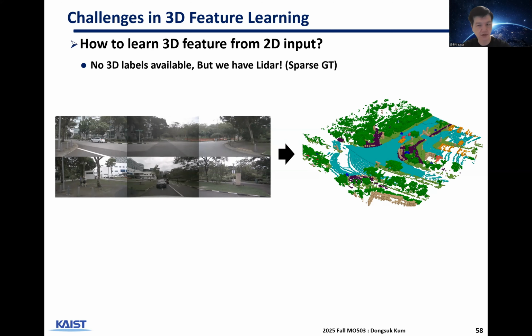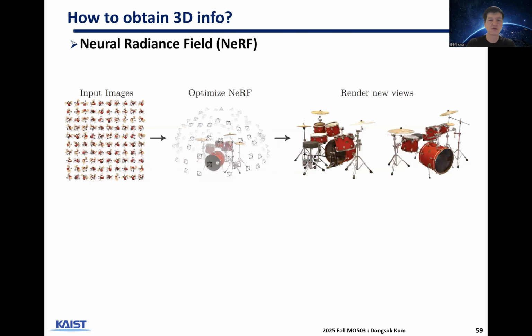It's more tricky than these language and 2D images because our input is 2D, but the feature set we want to train is a 3D feature, whether it's a bird's eye view or 3D tensor voxels. Okay, so how do we obtain 3D info? Which is related to pretext, right?